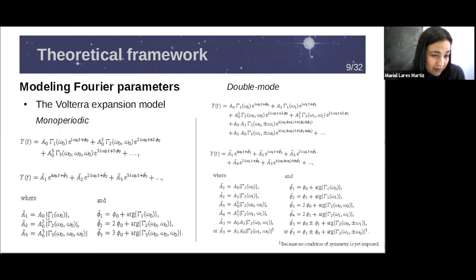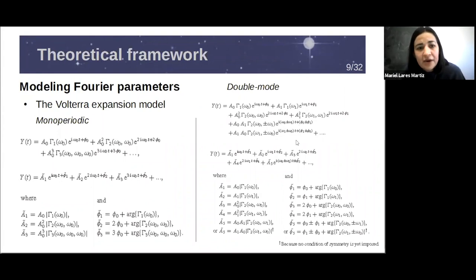Amplitudes are a function of the modulus of these complex gamma functions, and the phases are a function of the argument of the gamma function. This is also the development for the output for a double mode variable star.